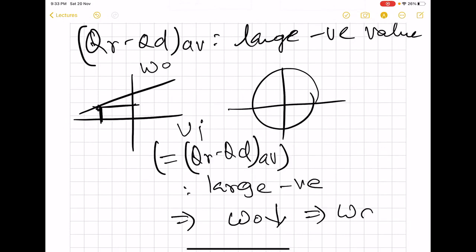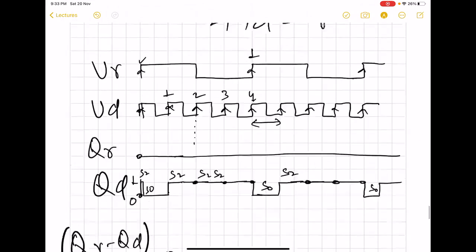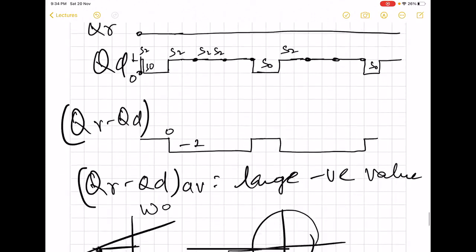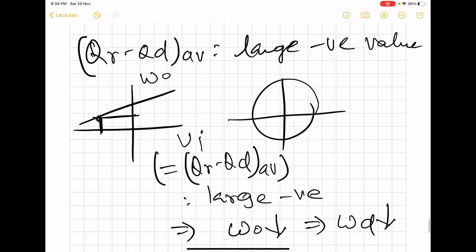This implies that omega D goes down. And so this is the problem here. We see that the omega D frequency is very high. So this scenario will try to pull back the frequency of the VCO output, and hence omega D, which was moving at a very high speed compared with omega R, will slow down. So this frequency gap and ultimately the phase error will also get reduced.